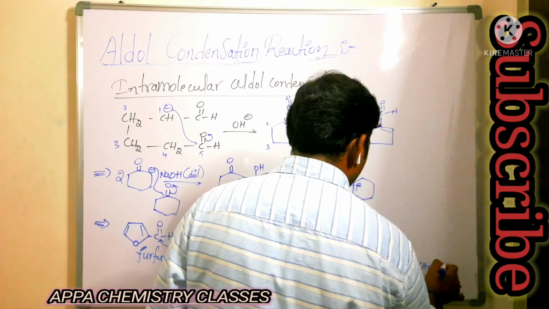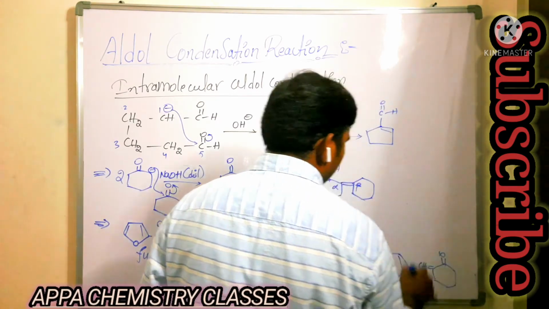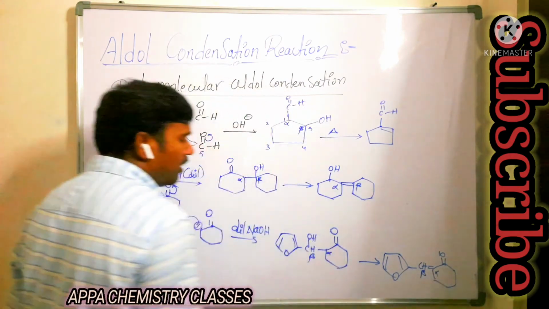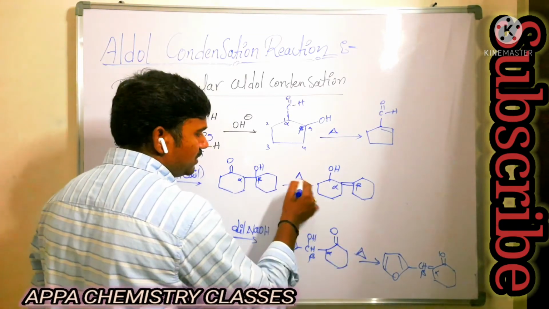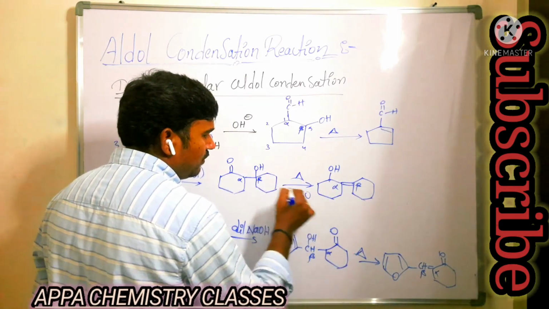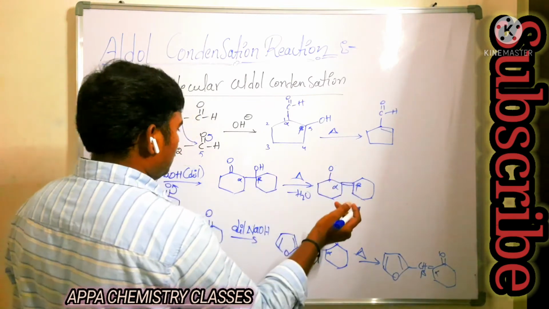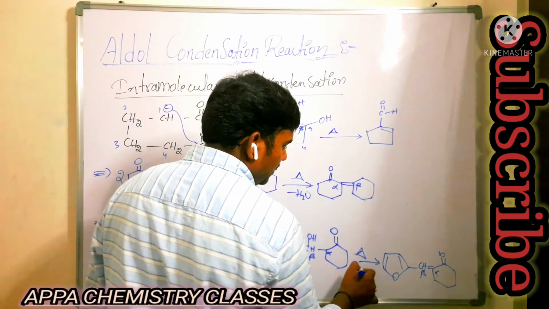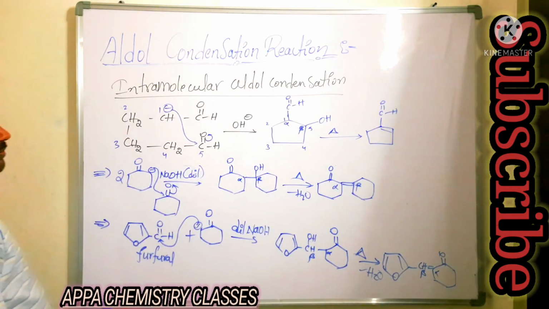CH double bond O. Okay? So this is alpha beta unsaturated compound, which upon heating by loss of water molecule. Okay, sorry, here it is a double bond O. In this case it is by loss of water molecule. Is that clear? So that is very important.